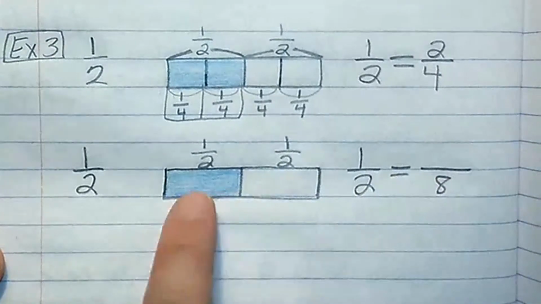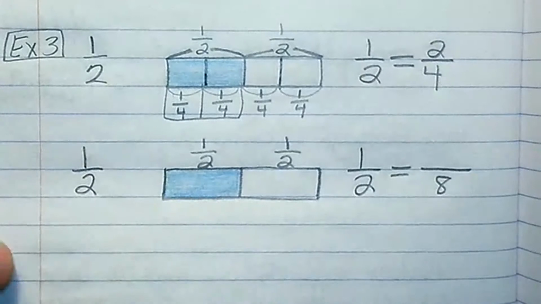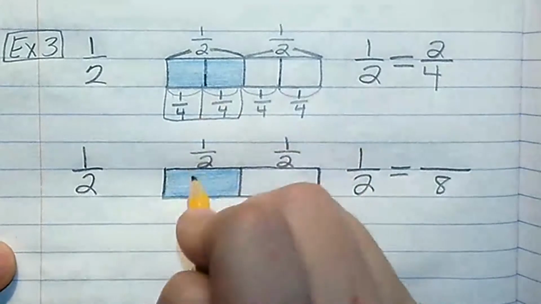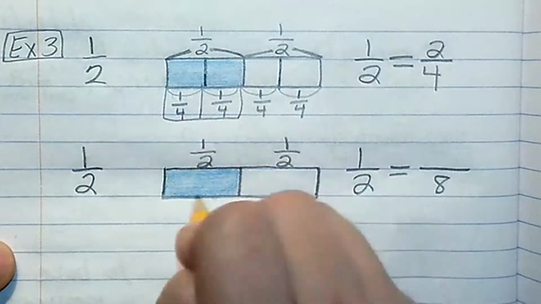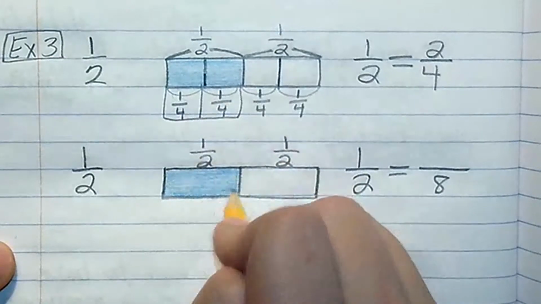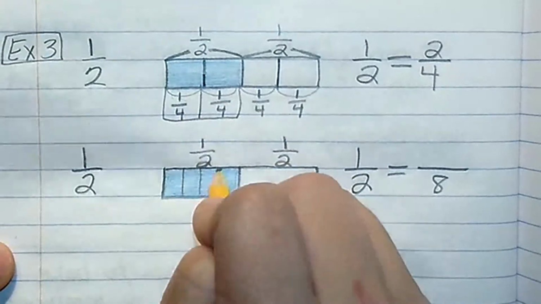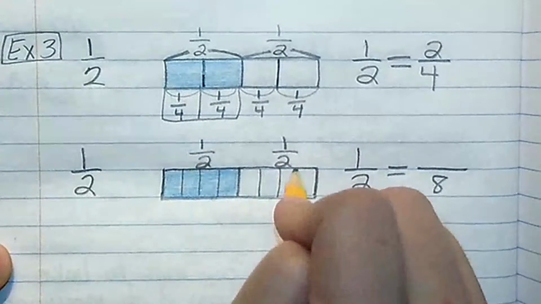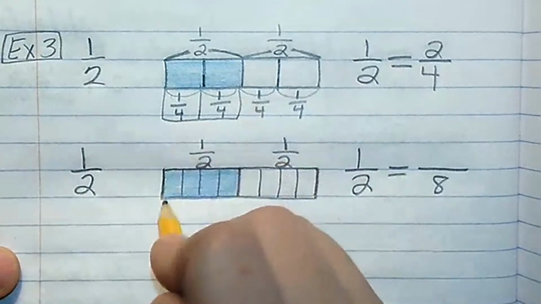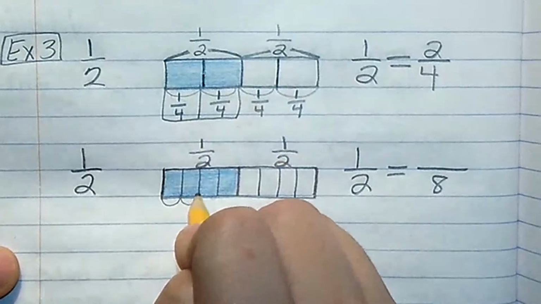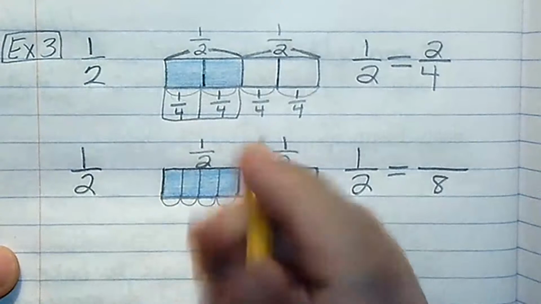Well, right now I only have 2 pieces, but I want to make 8 pieces. So let's split my chocolate bar. Let's see here. I need 7 lines to make 8 pieces. So this is 1, 2, 3, 4, 5, 6, 7. Now let's count how many eighths we need. 1, 2, 3, 4.